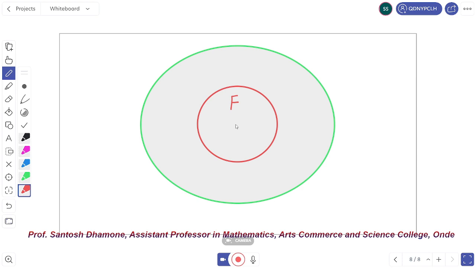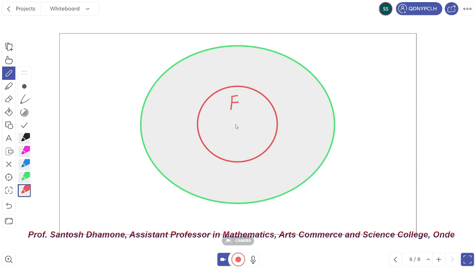F is equal to the set of ordered pairs xy belonging to R2 such that x square plus y square is less than or equal to 1.